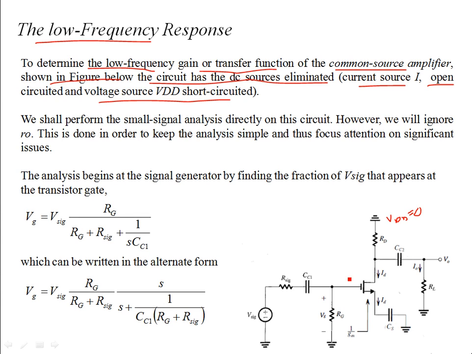Okay, so we can do a straightforward analysis starting from the input of the transistor at the gate. But one thing more to notice first is that we are not considering any small signal output resistance of the MOSFET, that is R0 is taken to be infinitely large.